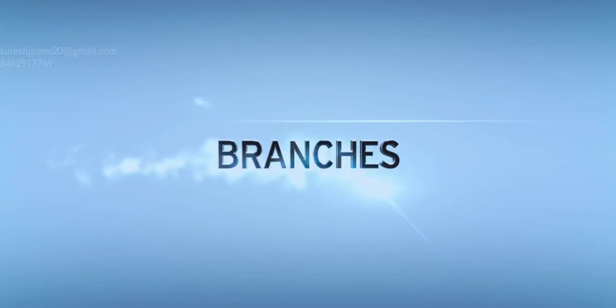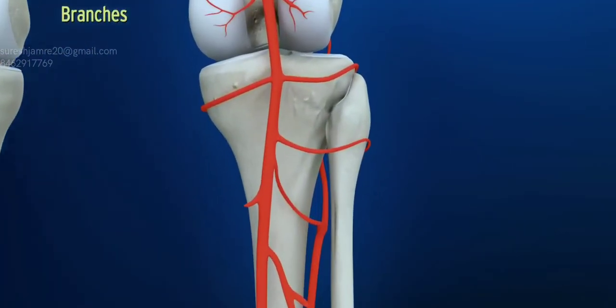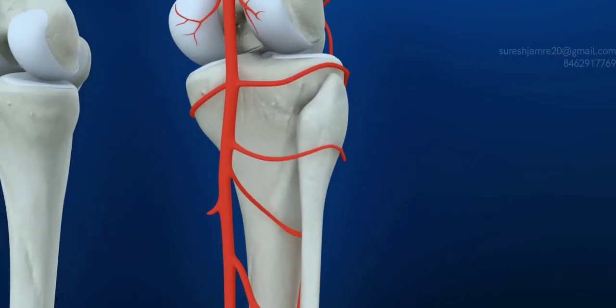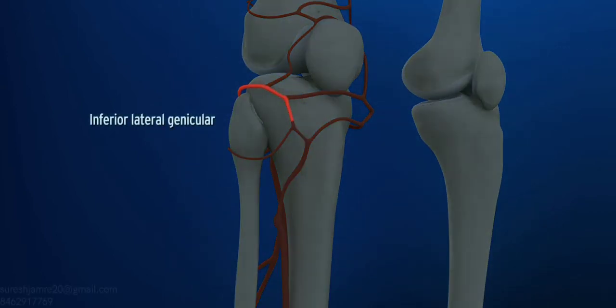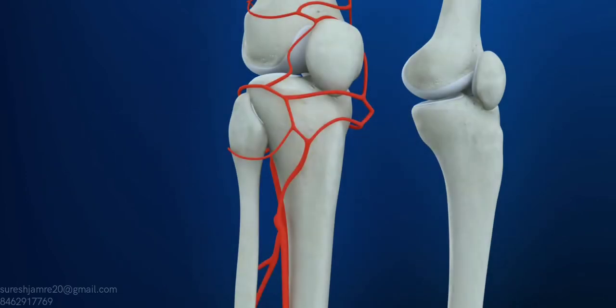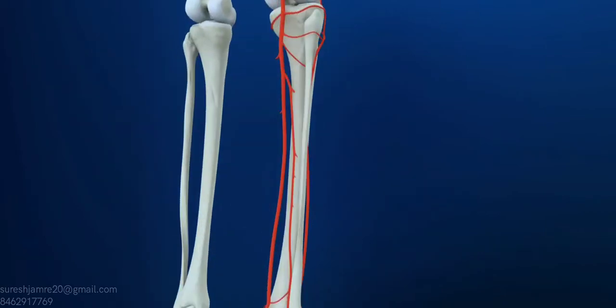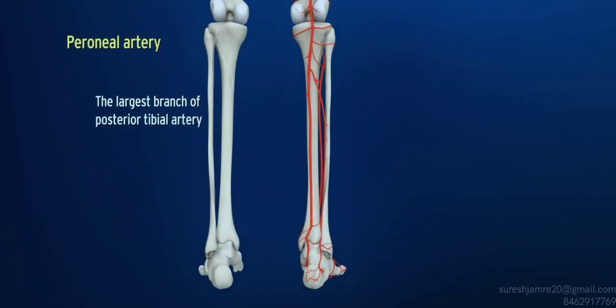Branches. Circumflex fibular artery. It encircles the lateral side of the fibular neck and anastomoses with the inferior lateral genicular and anterior tibial recurrent arteries. Peroneal artery. It is the largest branch of posterior tibial artery.